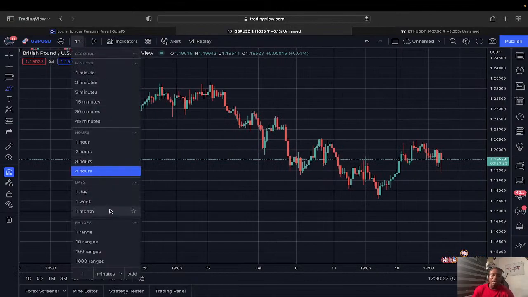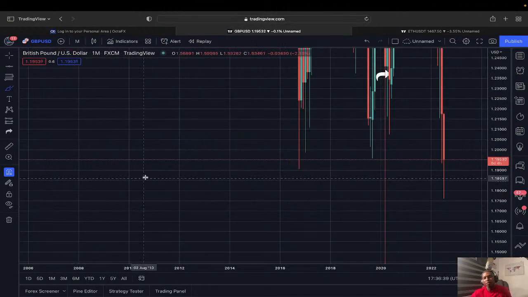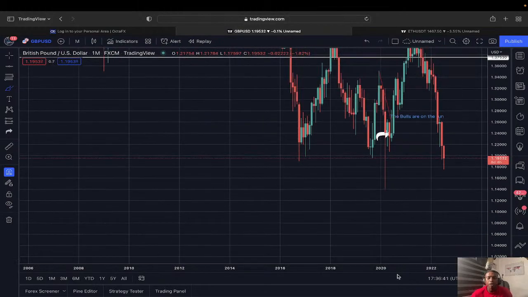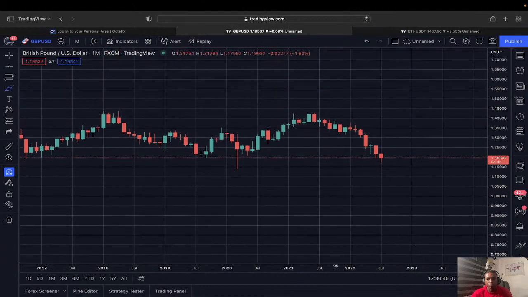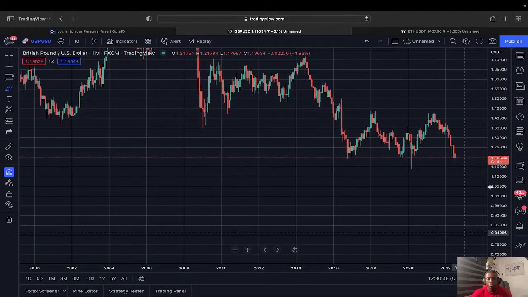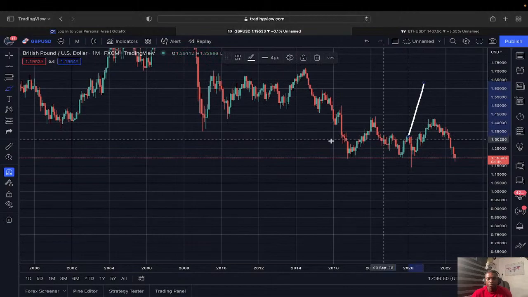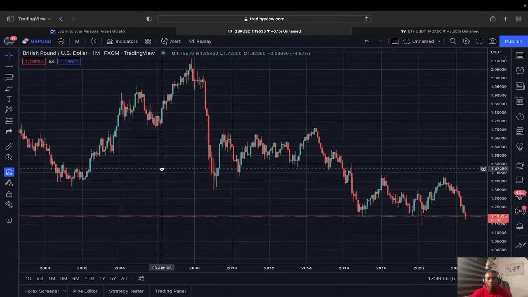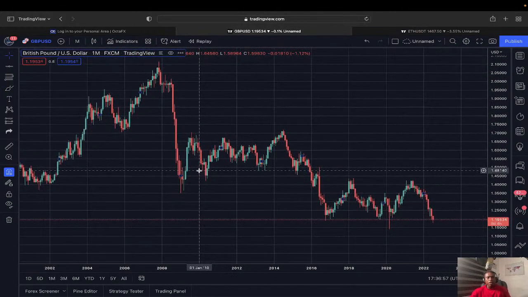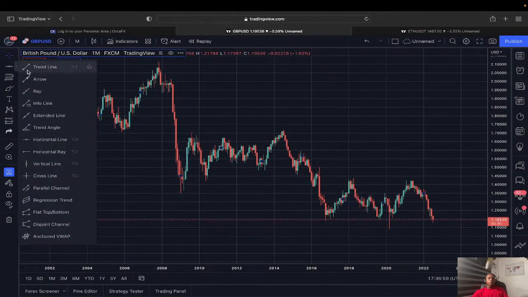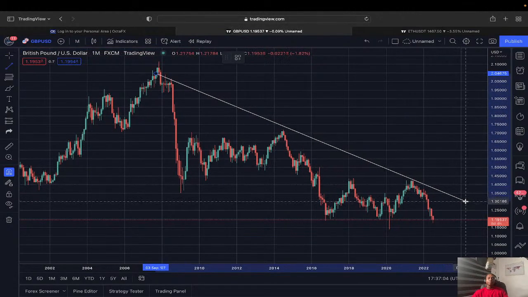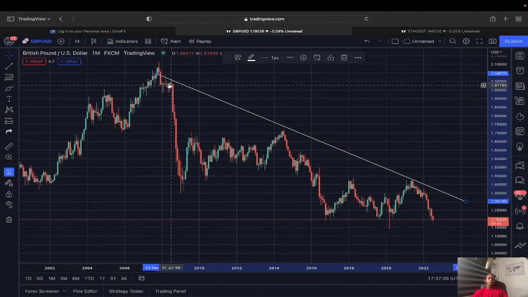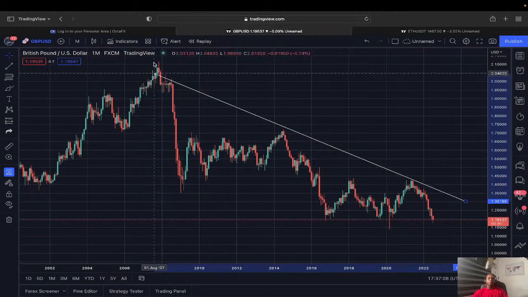Let's have a broader view and then have a clearer view. Okay, so obviously we can see that the market has been on a bearish momentum.